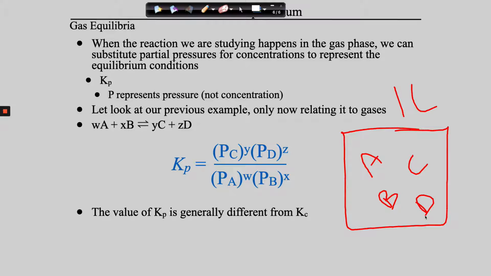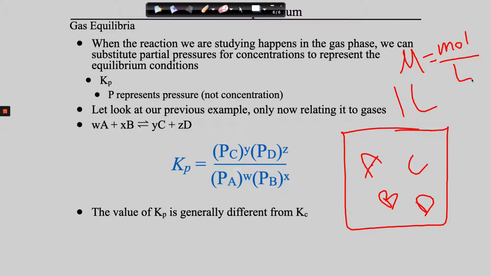What we can do is we can figure out the pressures of A, B, C, and D. We can plug the pressures into this expression, and we can figure out Kp. But the other thing that we can do is this. We can measure the number of moles of A and B and C and D. And then remember, molarity is moles divided by liters.